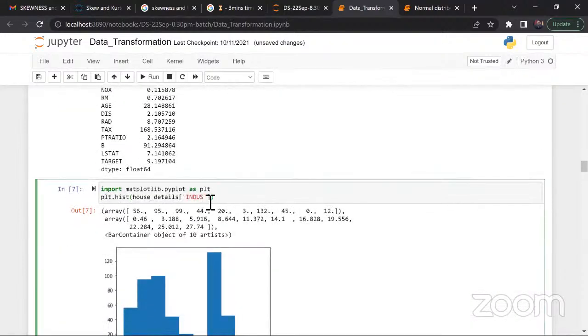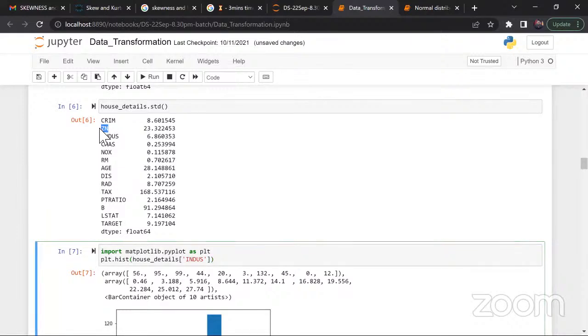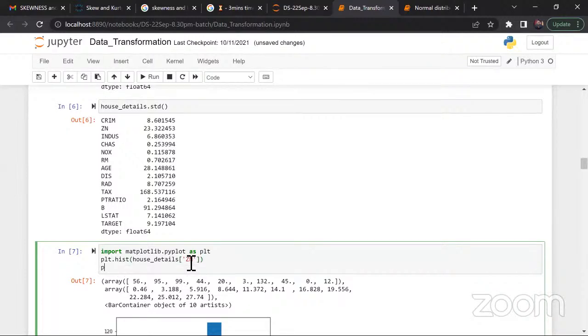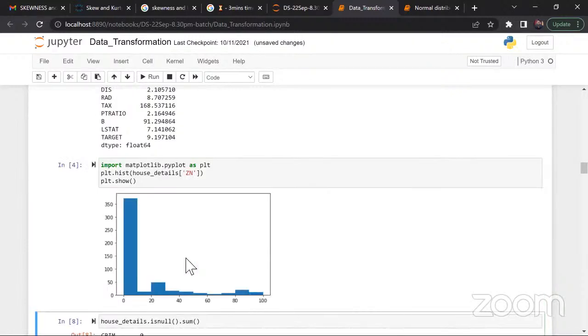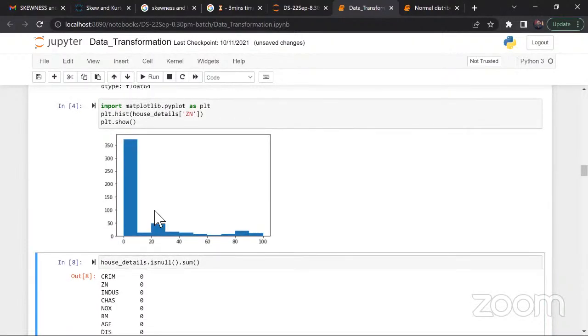Okay, let me pick up some other column, maybe ZN. Don't try to understand the script, whatever I've written, that will mislead you. You just want to understand the concept. That's it. So this one, is it normally distributed? What type of distribution is it? Positive skewness.